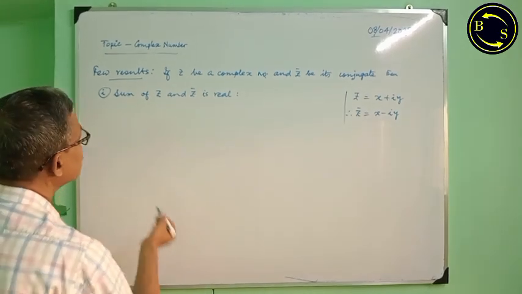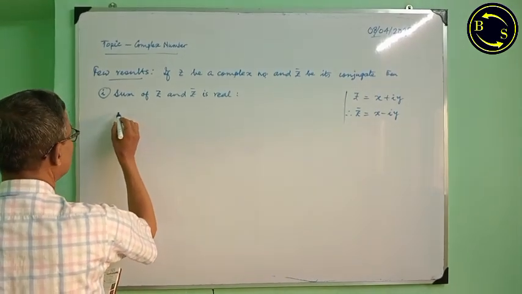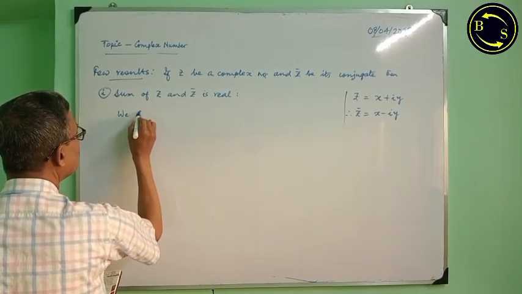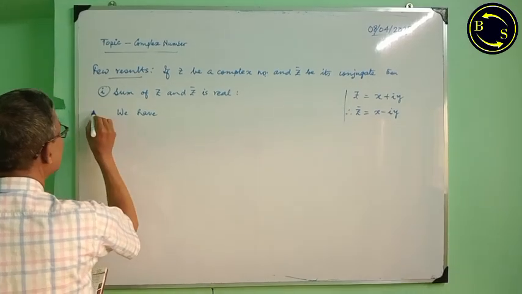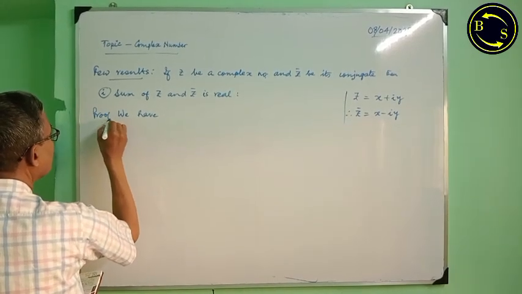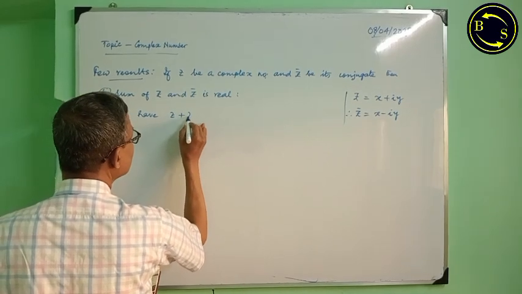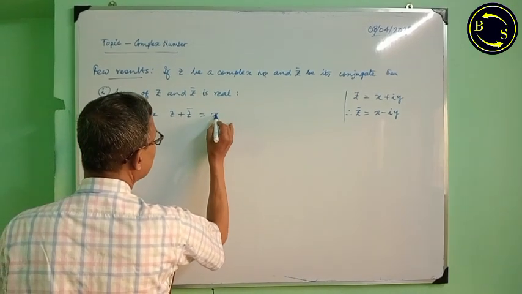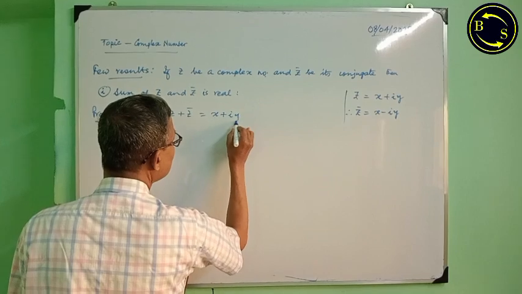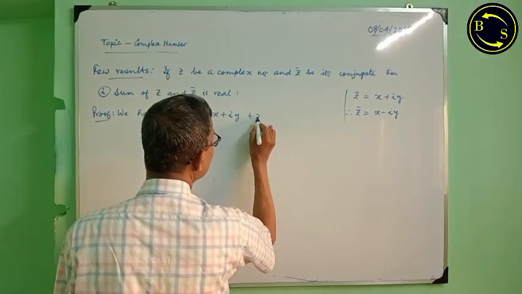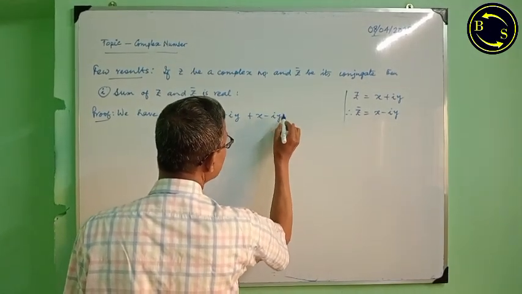By taking z, we have z plus z bar: x plus iy plus x minus iy.